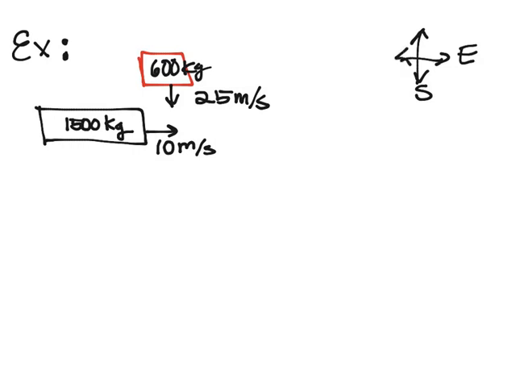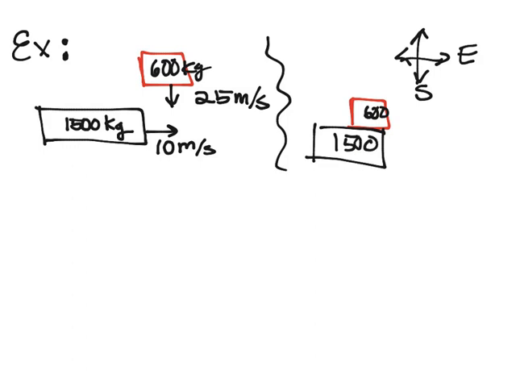Now my question is, if these two cars collide and they stick together in their collision, so they kind of crumple and stick together, how fast will they be moving at the end? And compared to east, what angle will they be moving?